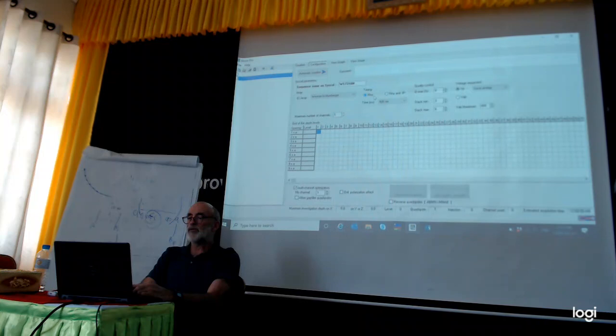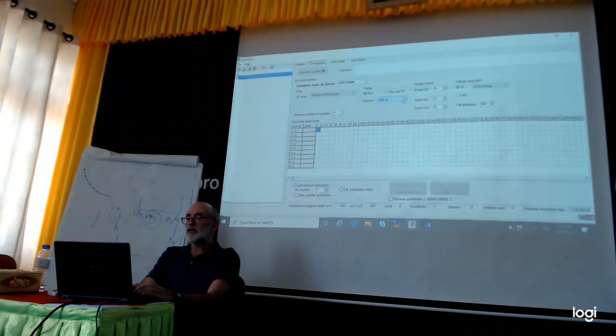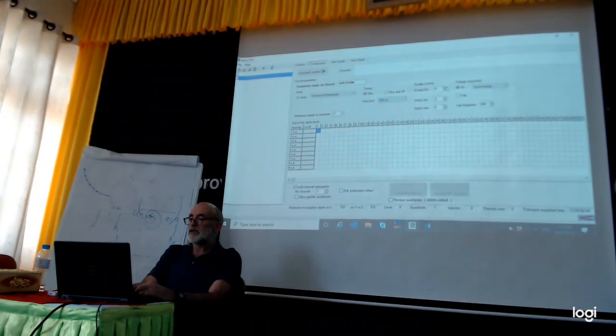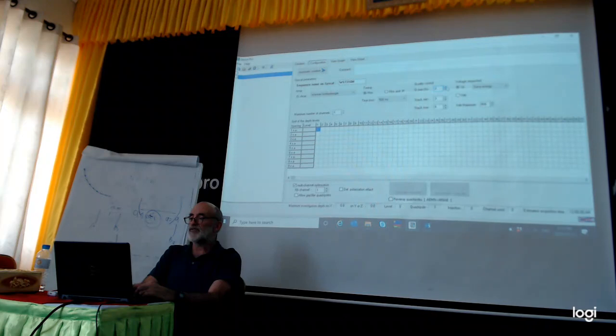So we're doing row. And we always use 500 milliseconds for doing this shallower work. And then usually use 5%.